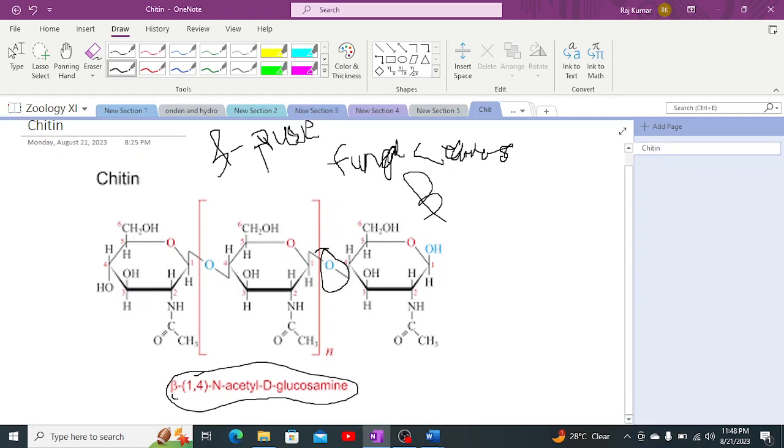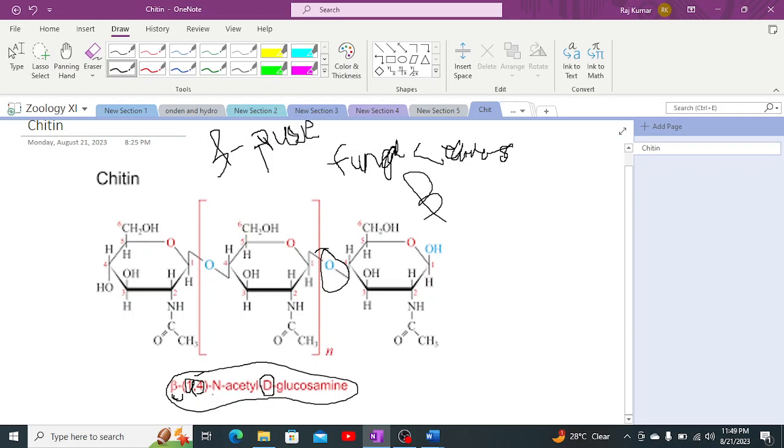First, beta represents that it has beta glucose, which is D glucose, dextrorotatory glucose. And what kind of linkage is there? There is a 1,4 linkage, which means the hydroxyl group of the first carbon is linked with the hydroxyl group of the fourth carbon of the other beta D glucose in order to form a beta 1,4 D glucose linkage.